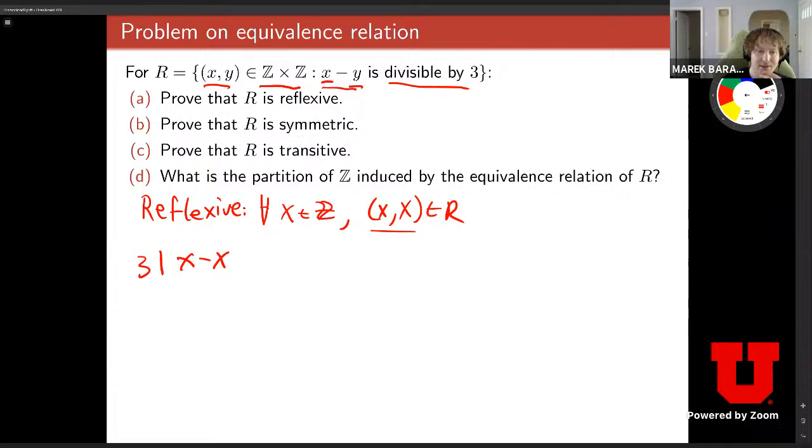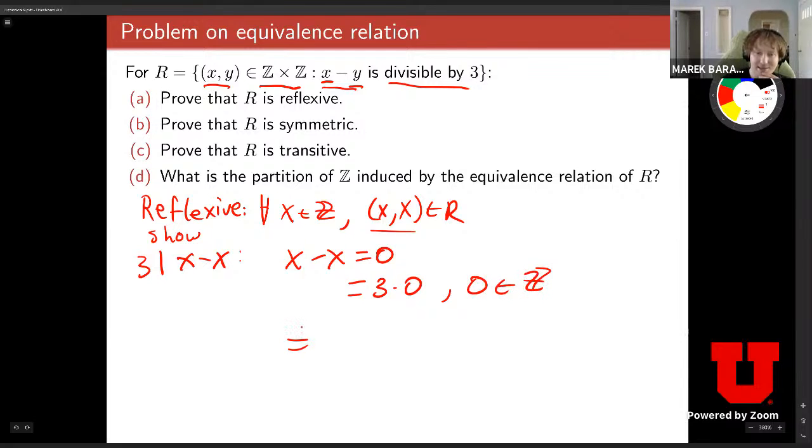We're showing that x minus x equals 0, and that's equal to 3 times 0. And 0 is an integer, and that means that 3 divides x minus x. So therefore, x is in our relation, and that means that it's reflexive.